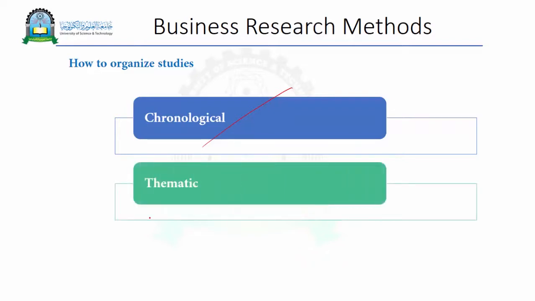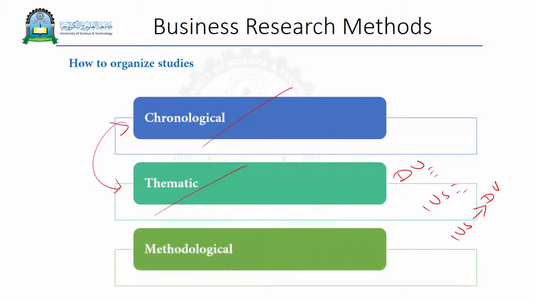The second one is thematic. I can use both thematic and chronological all together. Thematic is organizing according to the themes, which are the variables. So as I said, I start with studies related to the DV, studies related to the IVs, and then studies that can connect the independent variables and the dependent variable.